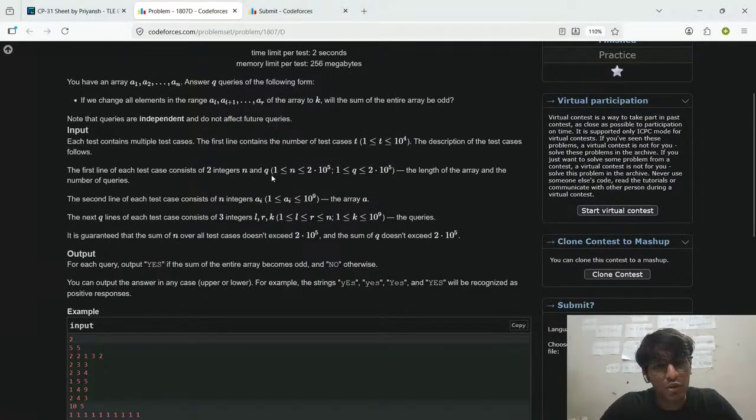We had to change from L plus one, right? This switch. No, no, we had to change from L itself.